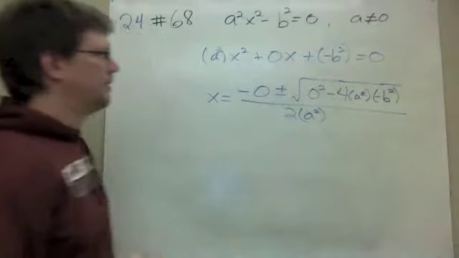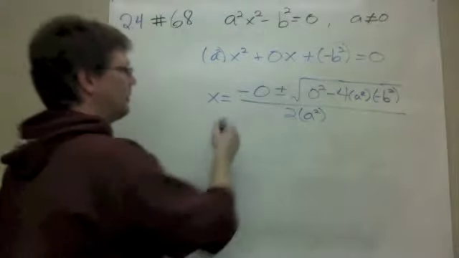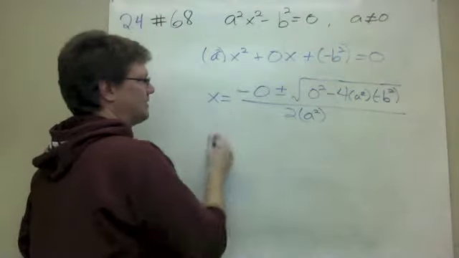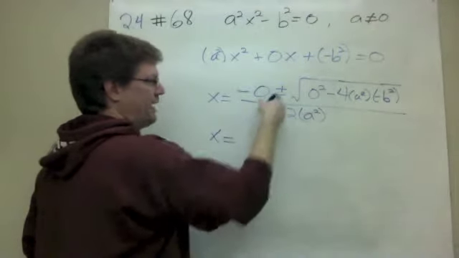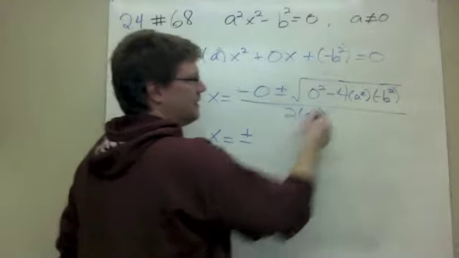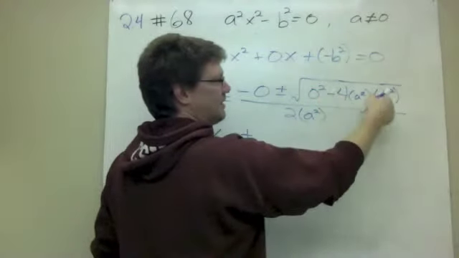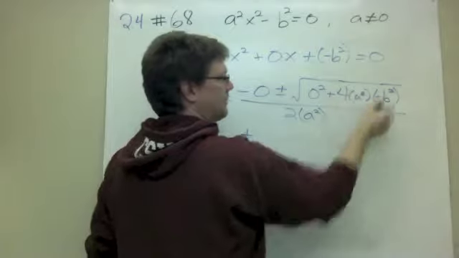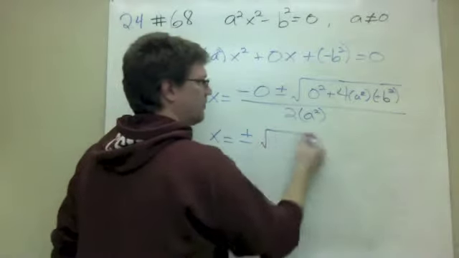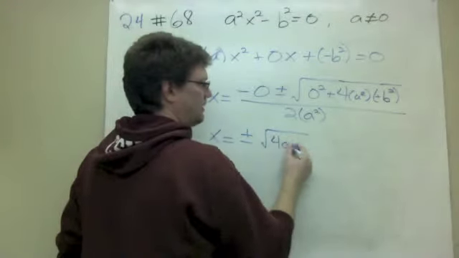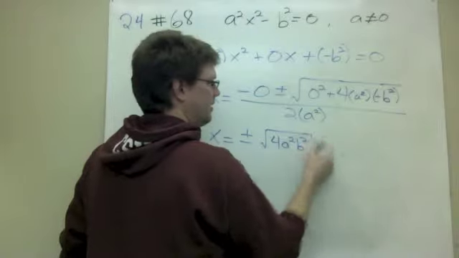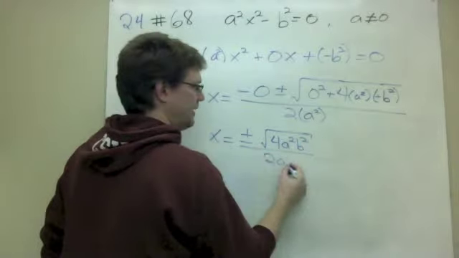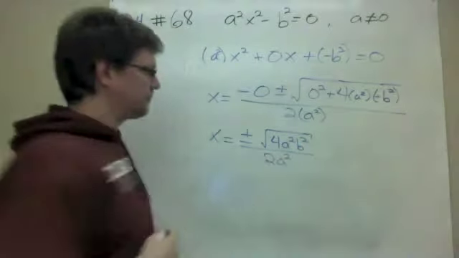Now, if we keep track of our zeros, that's a 0, so we don't care about that. This is plus or minus. This is minus and a minus is a plus. So we're going to get the square root of 4a squared b squared over 2a squared.